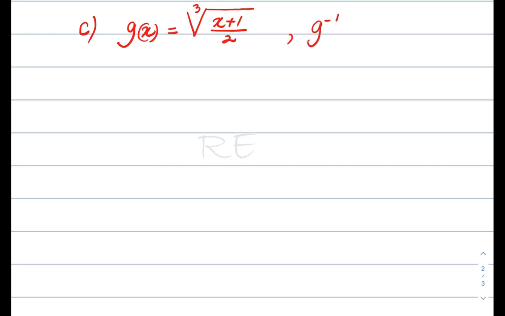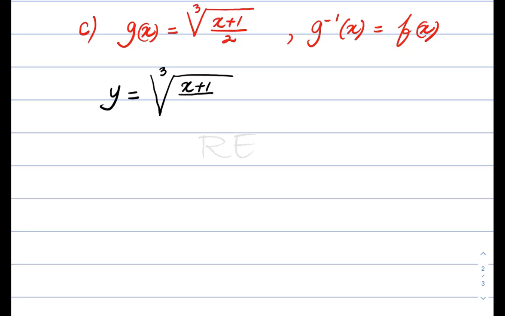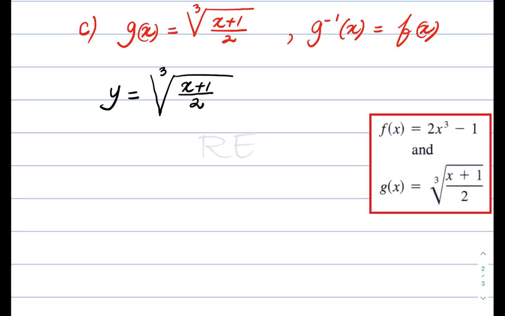And we're going to prove that the inverse of g of x is equal to f of x. Y is equal to, replacing g of x by y, is equal to cube root of x plus 1 over 2. Swap y for x. X is equal to cube root of y plus 1 over 2.